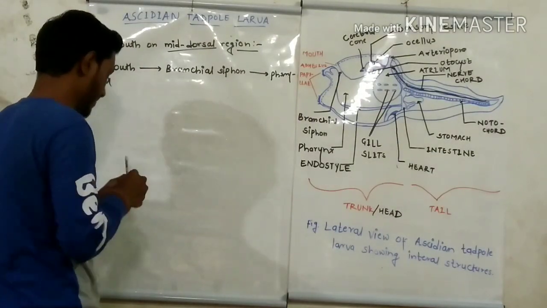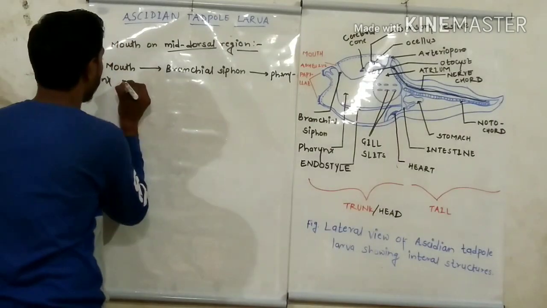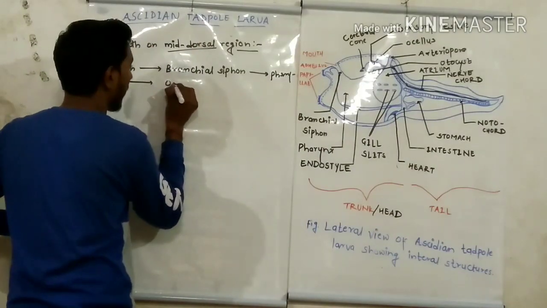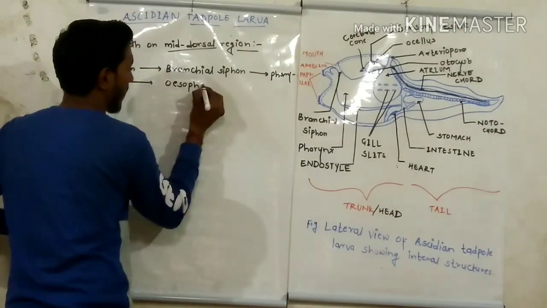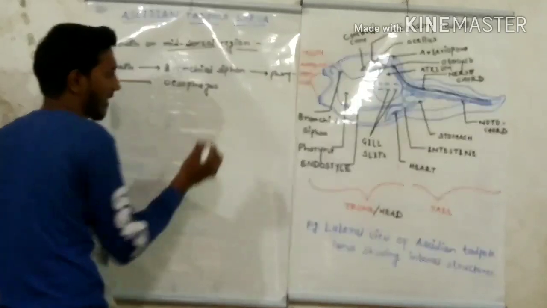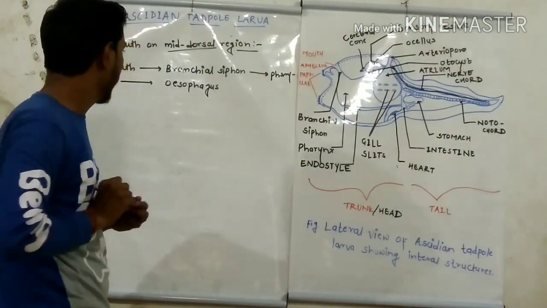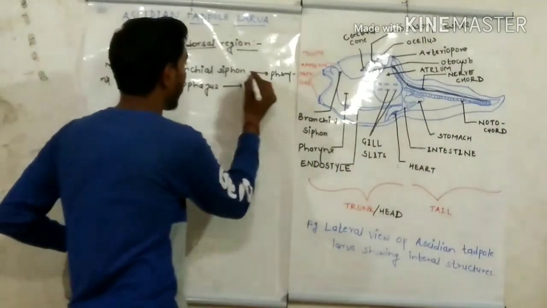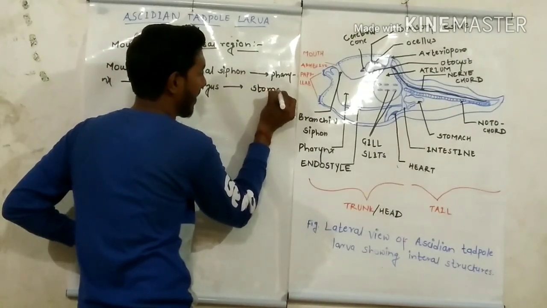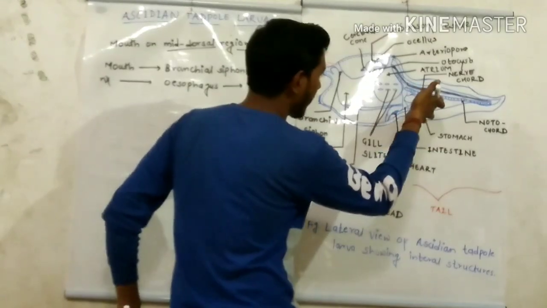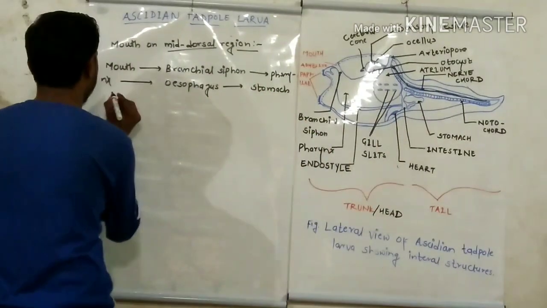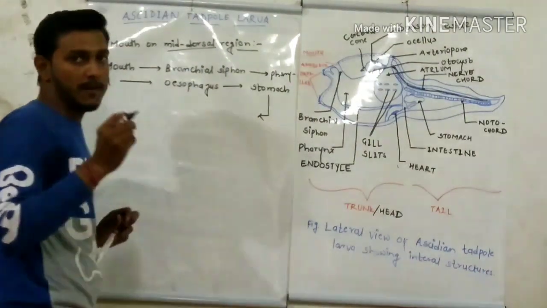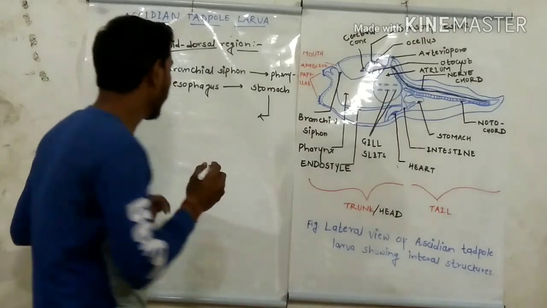Now this pharynx leads to the esophagus. This esophagus is narrow and elongated, and it leads to the stomach. The stomach is the swollen part, and this stomach leads to the narrow, delicate intestine.